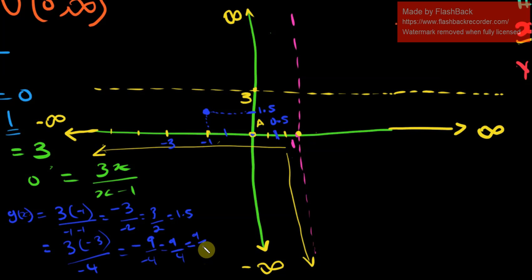Okay, so 9 over 4 is the same thing as 2.25.